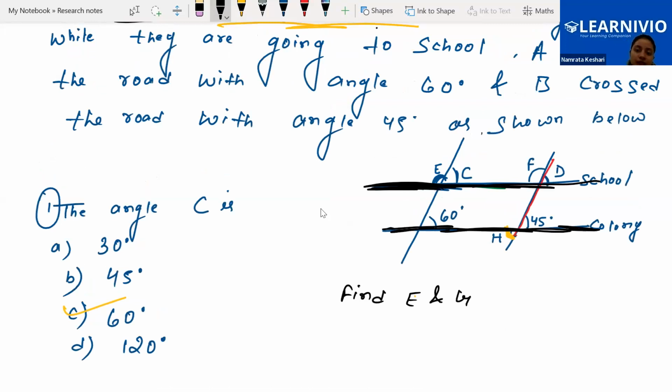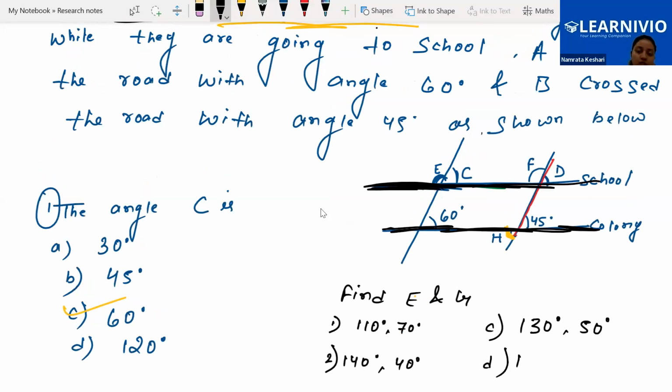And here options are there. Option A, 110 degree, 70 degree. Option B, 140 degree and 40 degree. Option C, 130 degree and 50 degree. And option D, 120 degree and 60 degree. Excuse me, ma'am. Ma'am, where's the angle G in the figure? Okay.